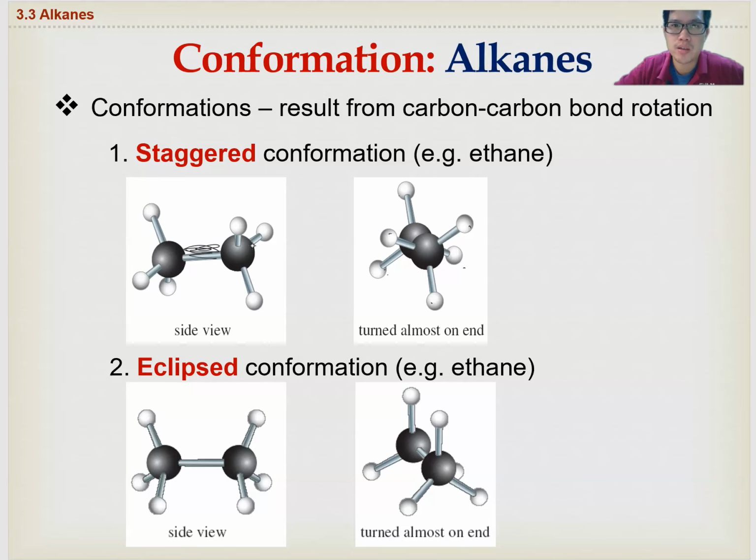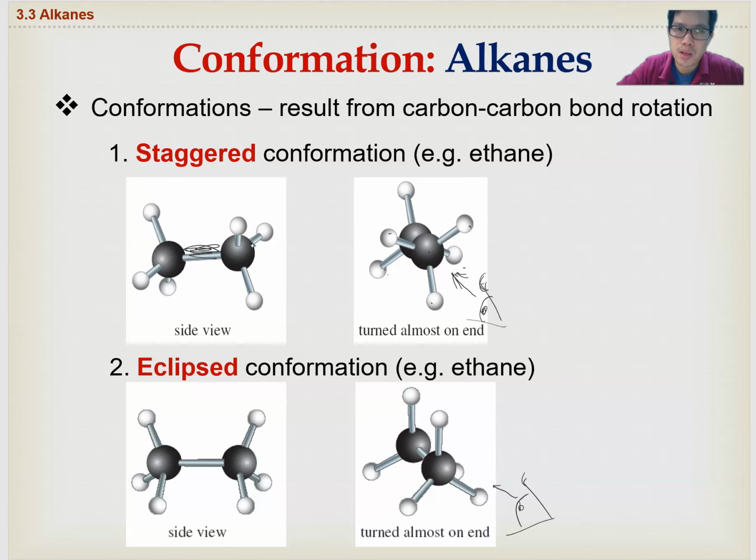You put your eyes over here, you look through, you should be able to see 1 carbon and then 6 hydrogen. Whereas if you look over here, you can only see 3 hydrogen, because the hydrogen at the back is totally blocked by the vision. That's why it's called eclipse.